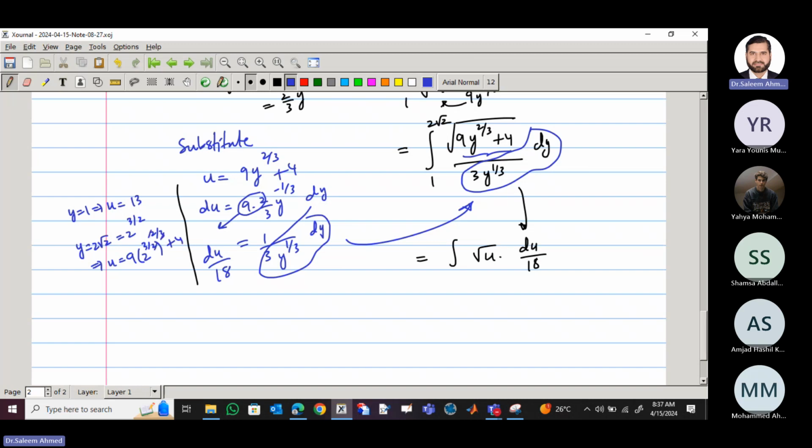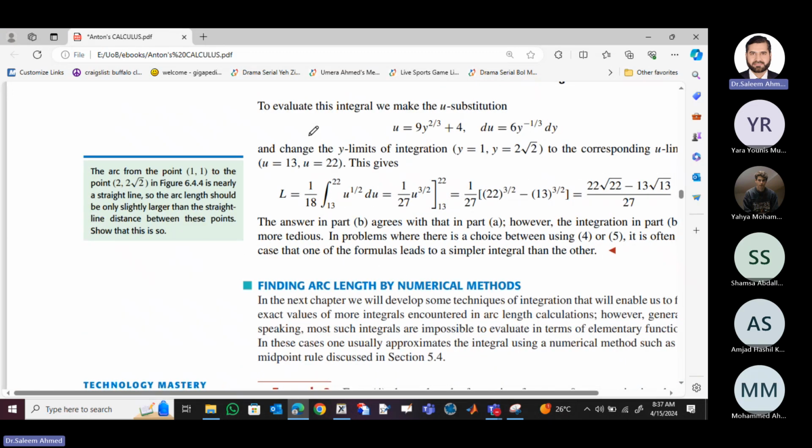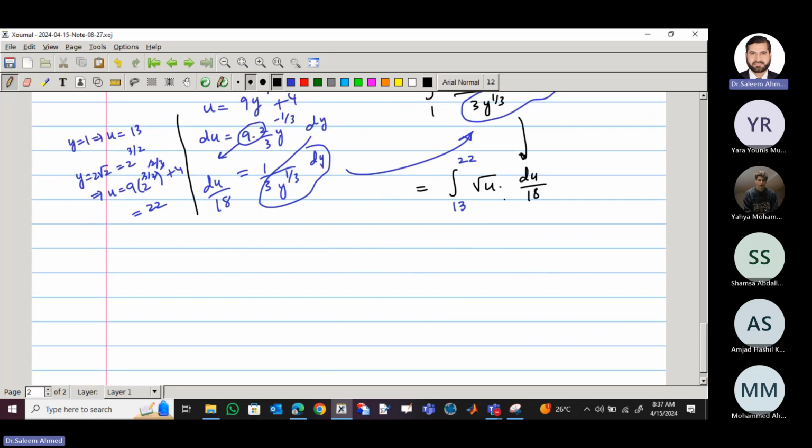So see, these powers will cancel. So you get 18 plus 4, which is 22. So your values are from 13 to 22. Let's see here, the same thing: 1 by 18, 13 to 22, square root of u du.